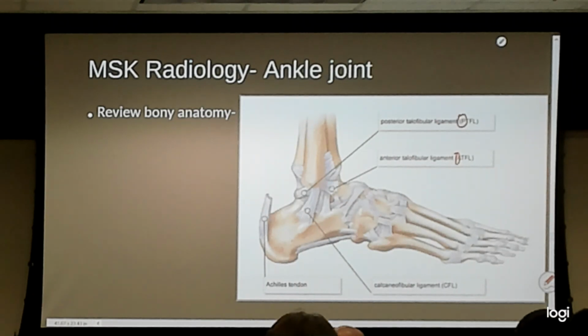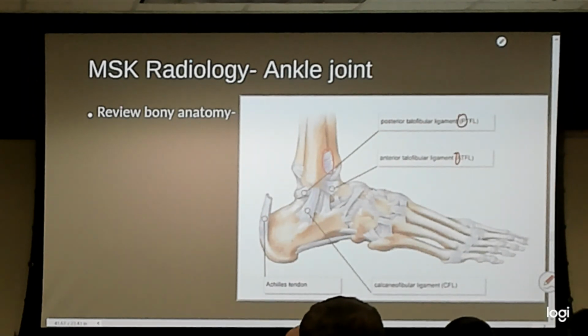Let's see here. High ankle sprain ligaments. There, so that's the inferior tibiofibular ligament. There's one anteriorly and there is one posteriorly. Well, let's see here, what else do we have? The Achilles has been cut in this picture.